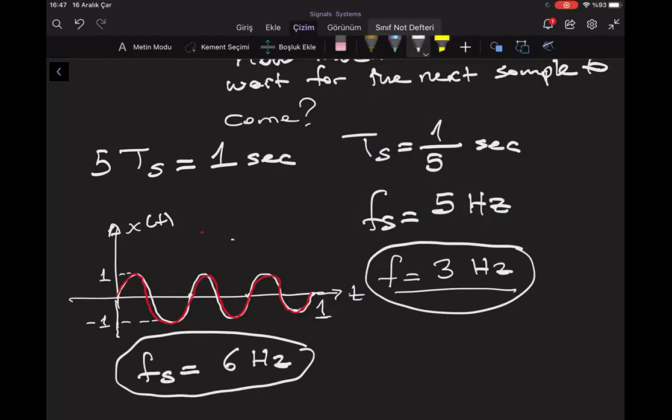I have to have 6 samples in 1 second. But please bear in mind, don't count the initial one, okay? The initial one is already there. Then now I'm going to collect 6 new samples. How should I do it?